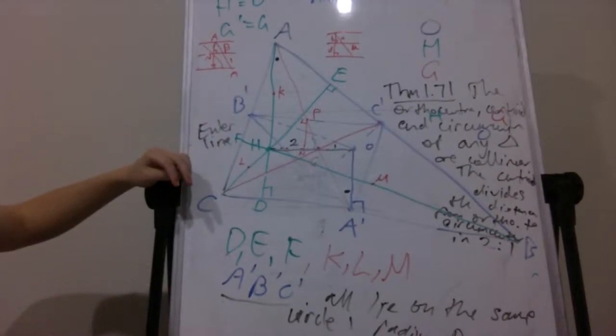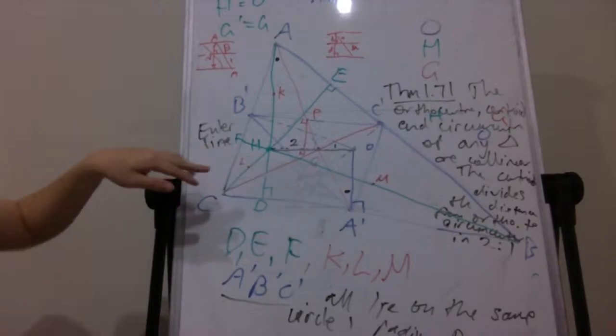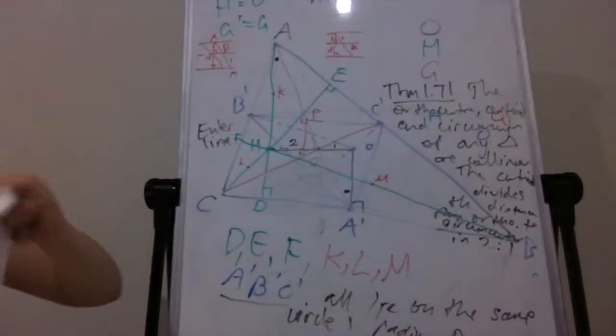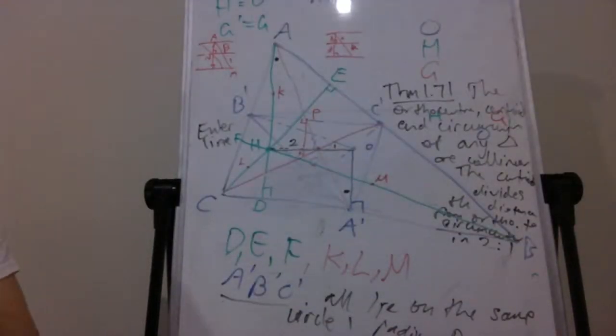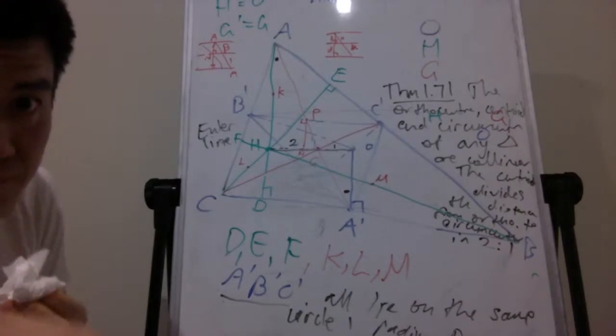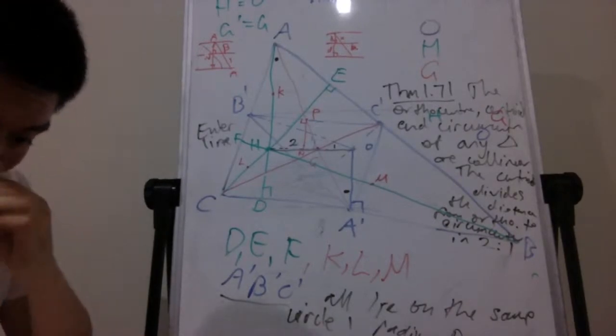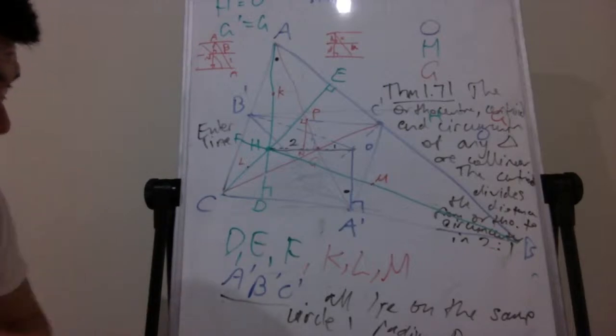Oh yeah, because these are the midpoints. So they're parallel, right? Should I join that line in? Oh, risky. And then the cyclic quad.